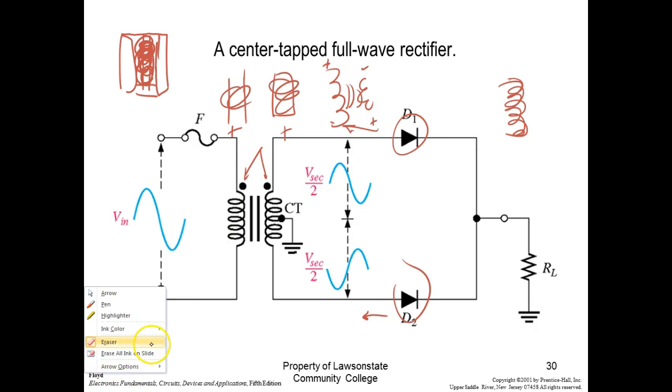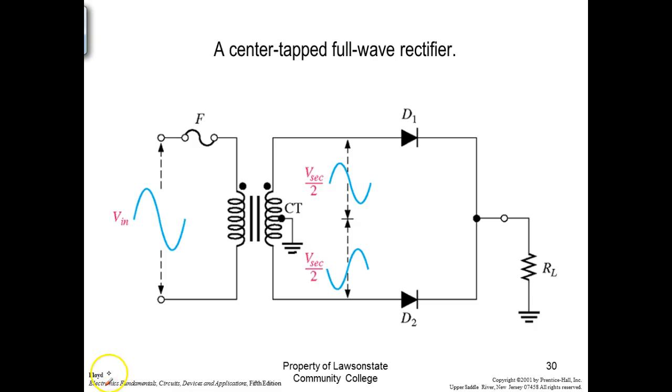So guys, how does this work? Well, notice the load is referenced to the center tap. It's not referenced to this diode or that diode, it's referenced to the center tap. So we've got a 12.6 volt transformer. Of course we know it's off a little bit because we're not loading it, but that's what we'll use when we calculate this.